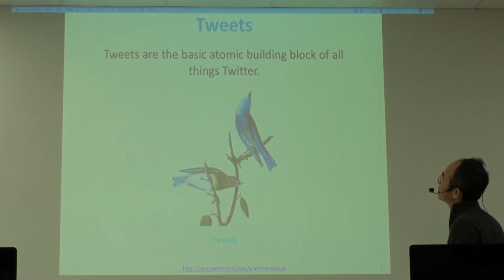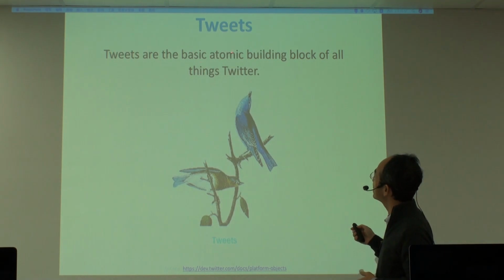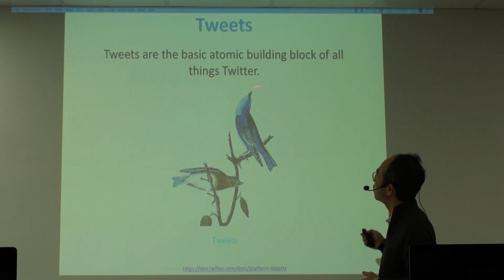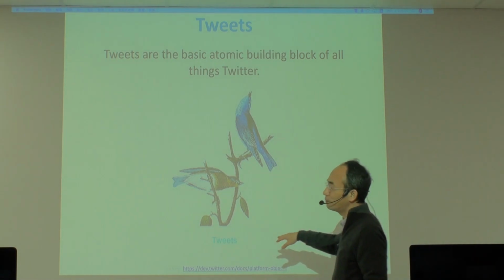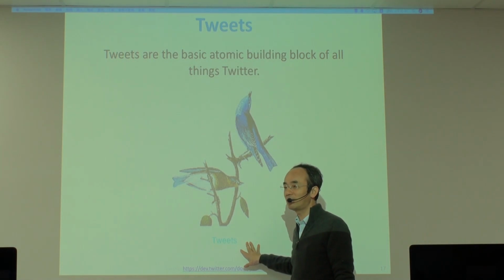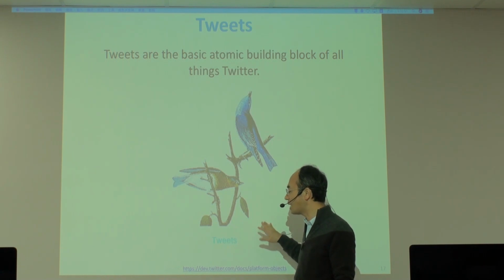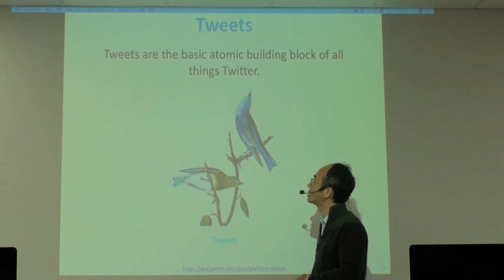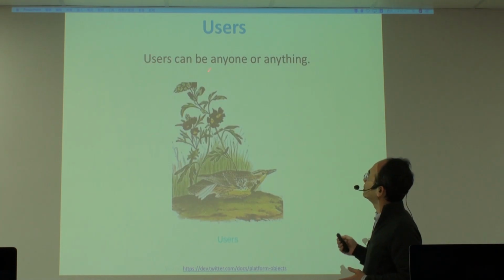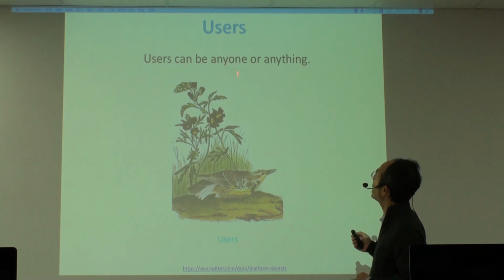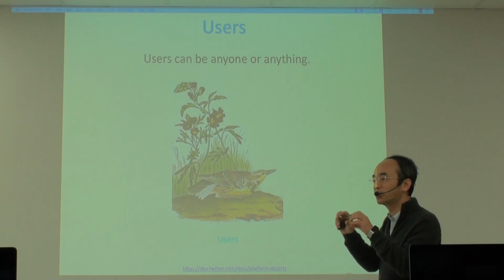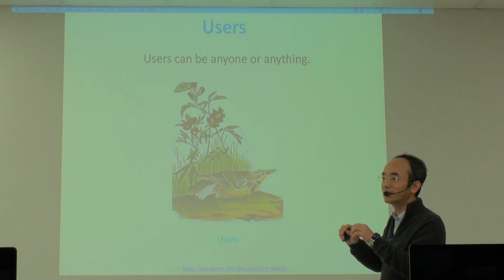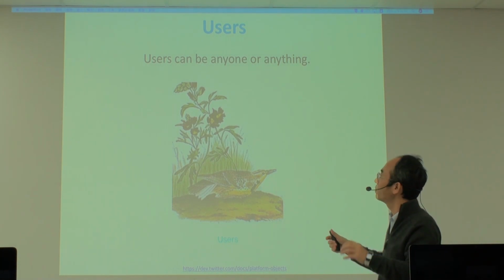So what are tweets? Tweets are the basic atomic building block of all things Twitter. Tweets mean all the important content provided by the APIs. Second is users, and a user can be anyone or anything. It is like the objects, or in social network analysis, the nodes.